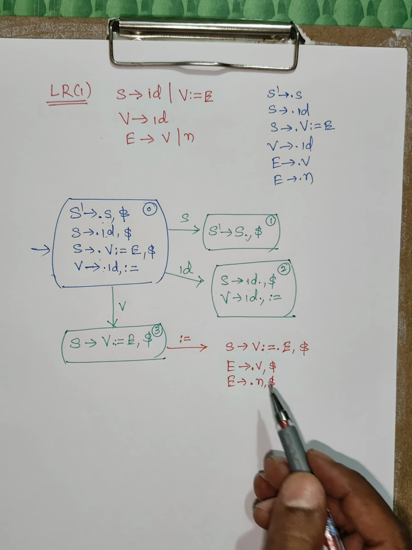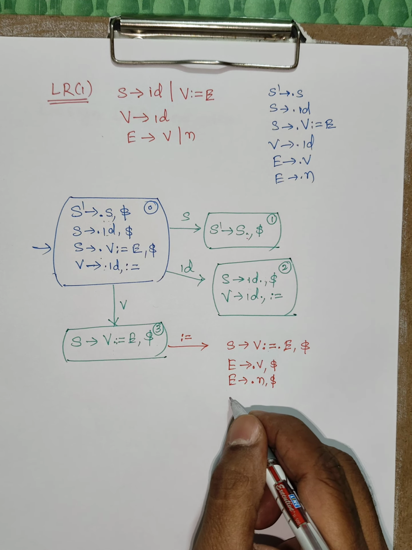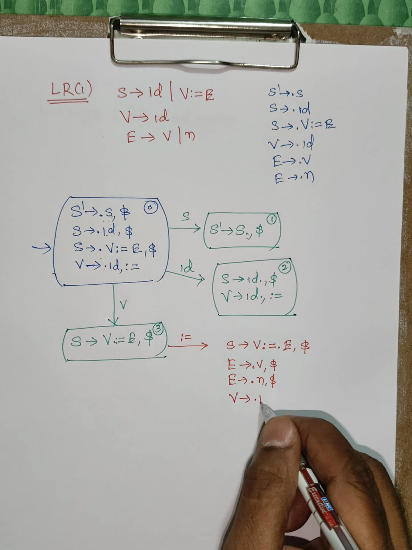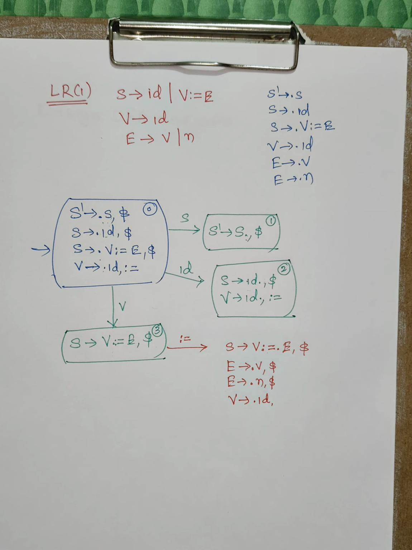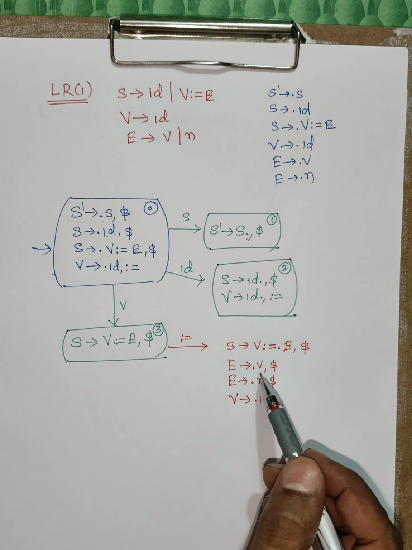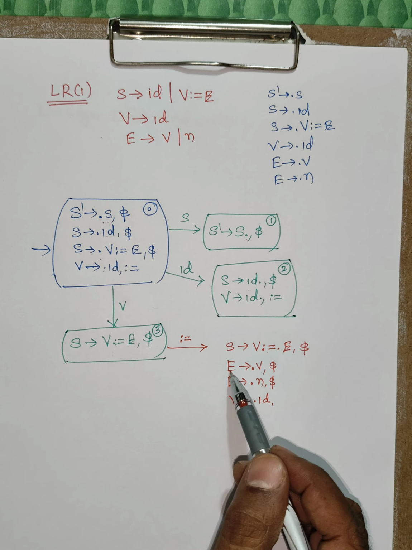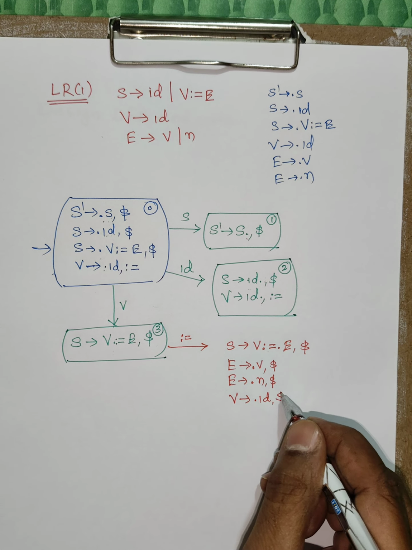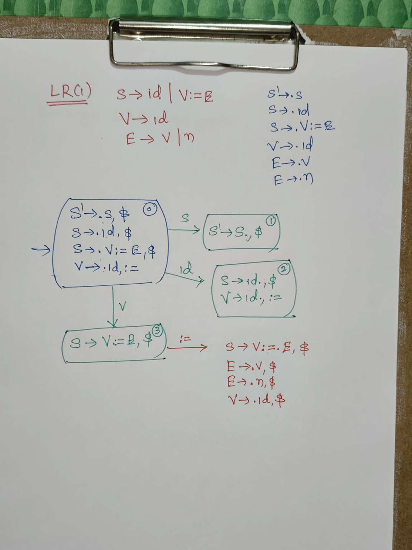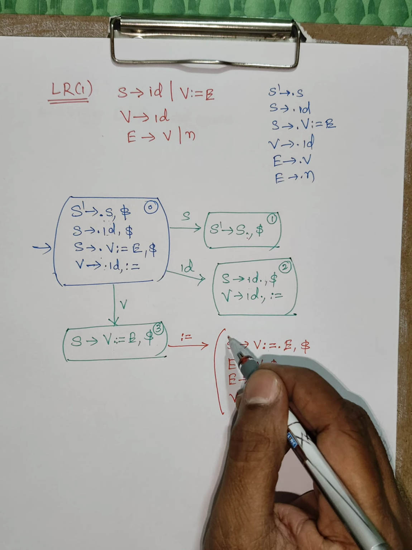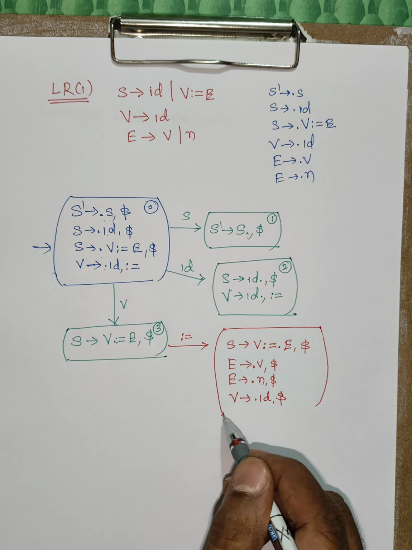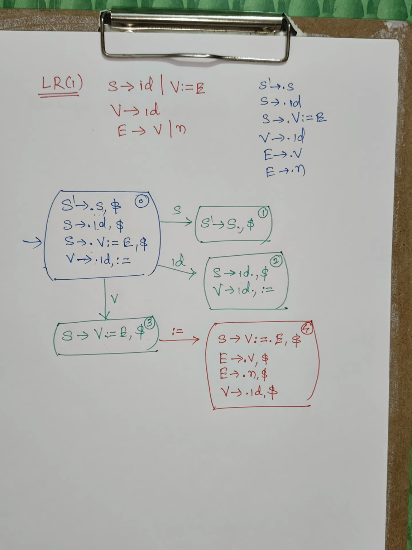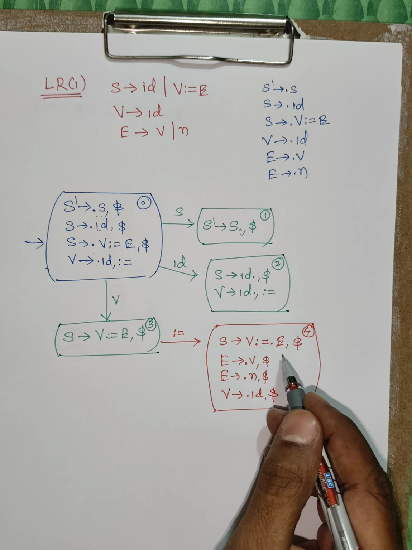If V is a variable, all productions of V: V produces dot id, and follow is follow of E, which is dollar. This is state 4.